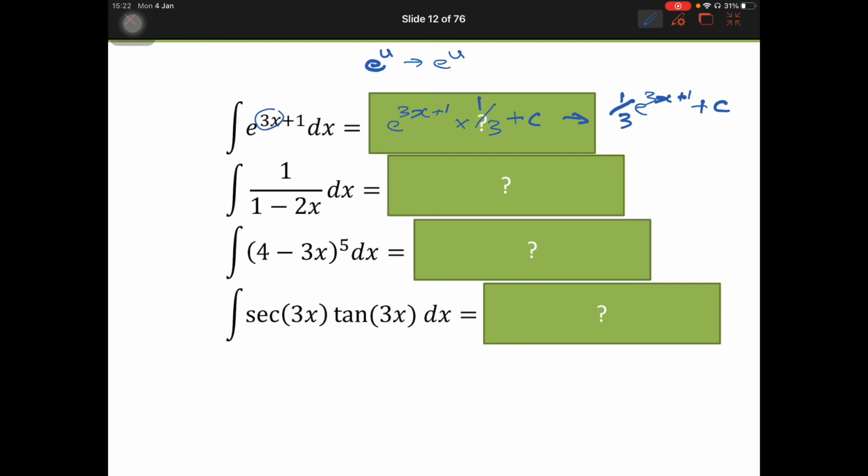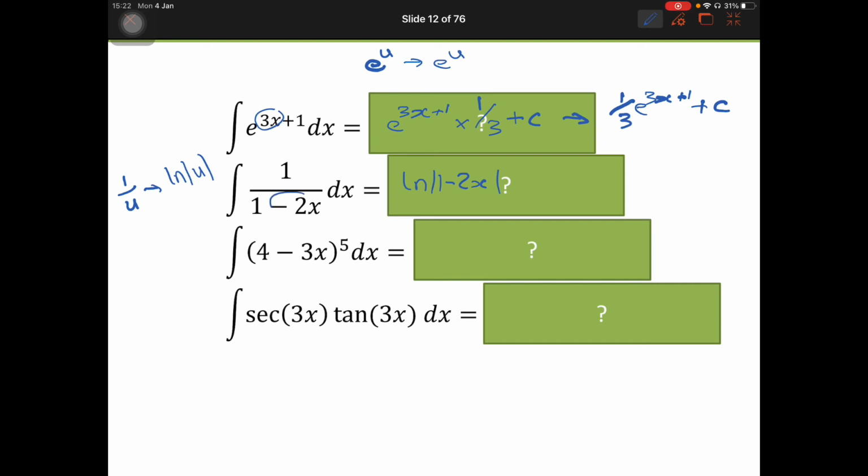This one, again, if I just imagine it as 1 over u, integrates to log natural u. So this is going to become log natural of 1 minus 2x. It's a log natural, so we have to make sure we have our modulus signs.